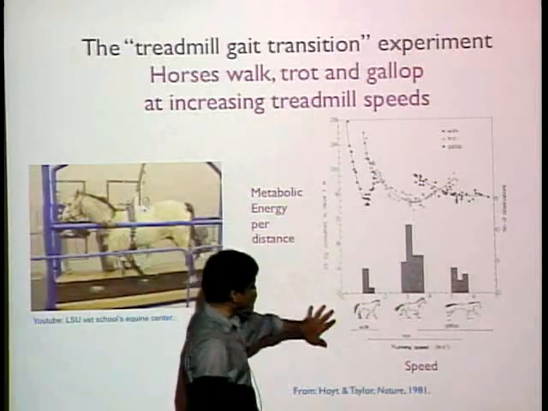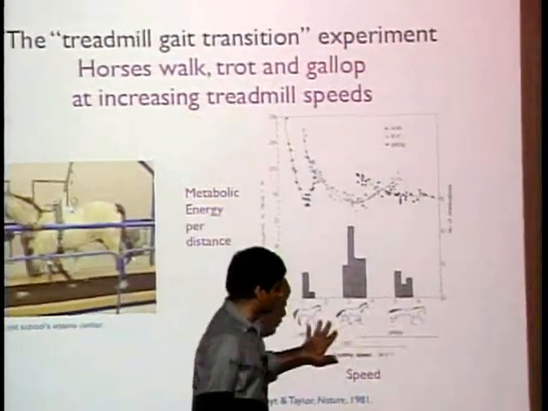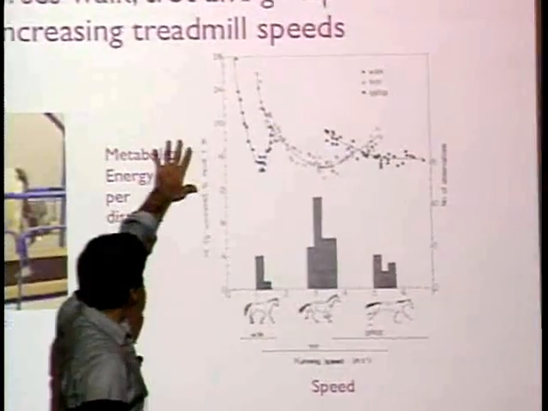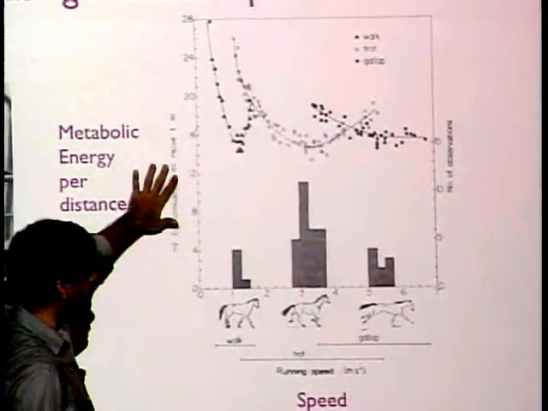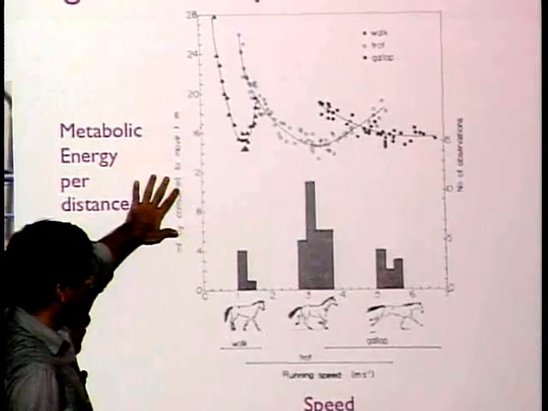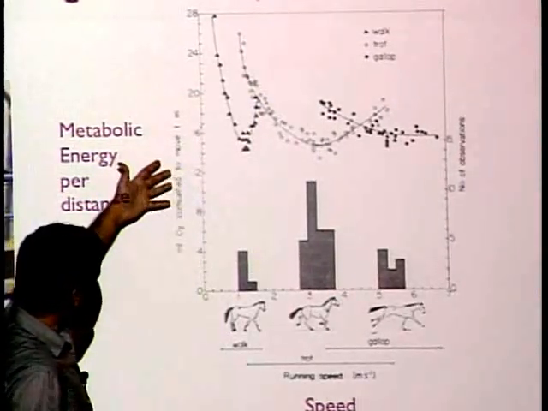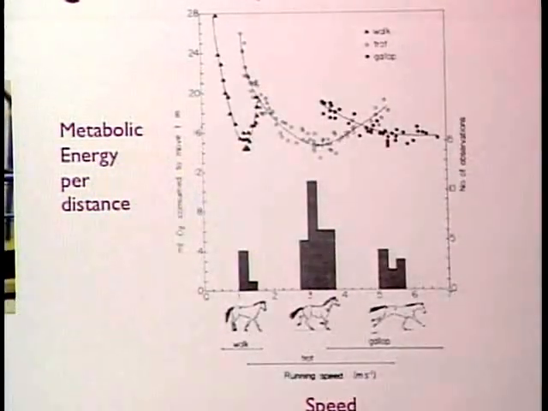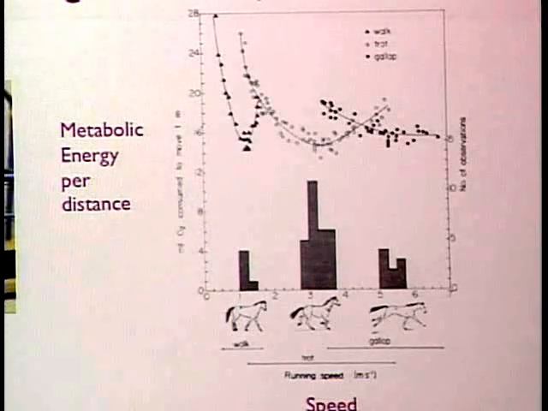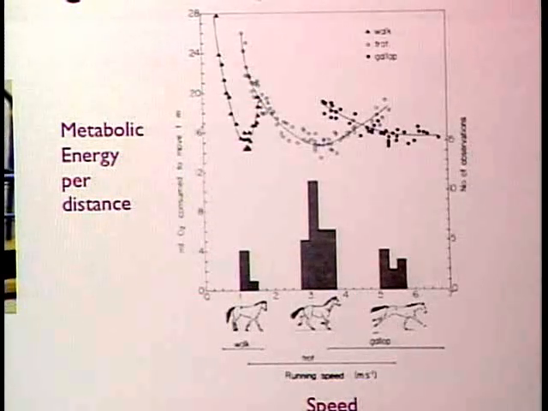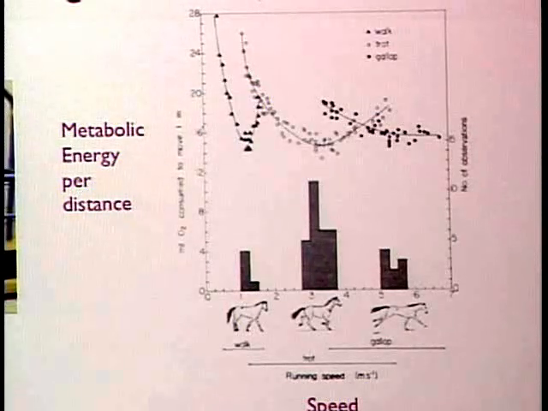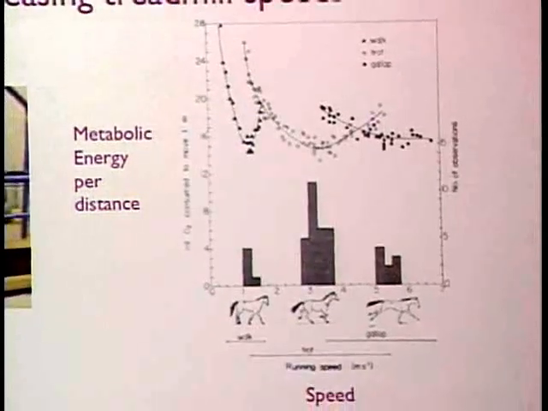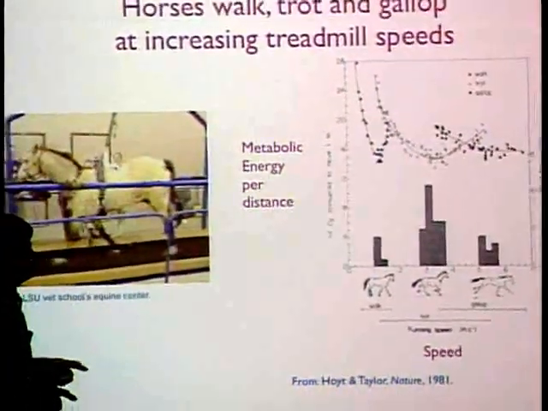This picture has running speed or walking speed on the x-axis, energy on the y-axis. This is actually energy per unit distance on the y-axis. And the way you measure energy per unit distance, or energy indeed, when a person or an animal is walking or running or doing whatever, is by measuring the amount of oxygen and carbon dioxide inspired or expired through the nose or the mouth.